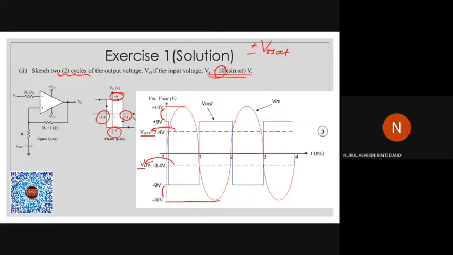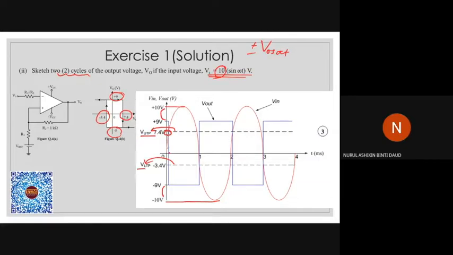Next, you need to compare this input graph with this UTP and this LTP. For example, at this interval, you can see that the UTP is higher than the input.